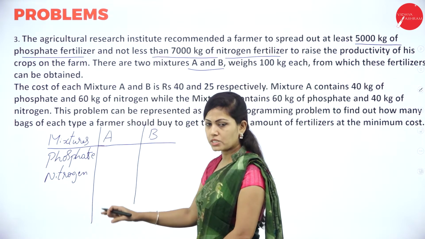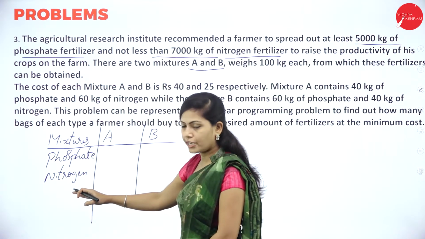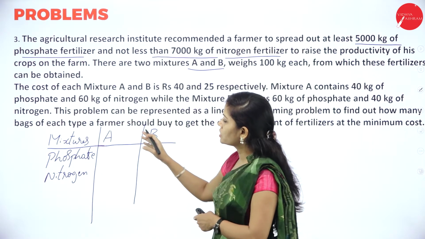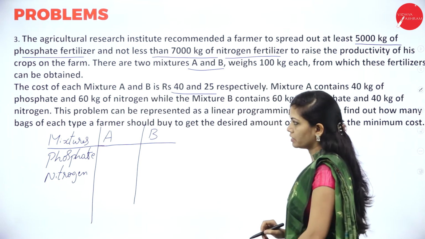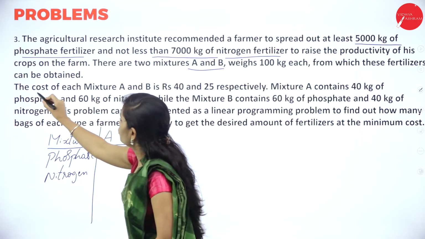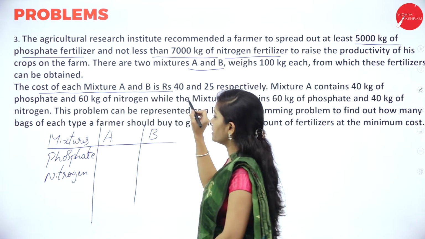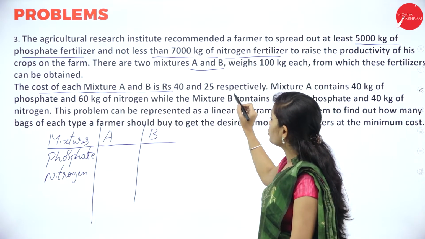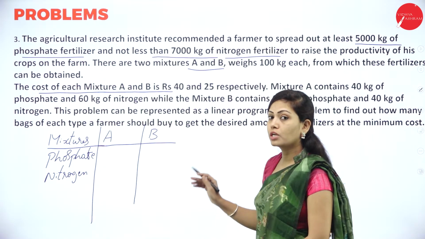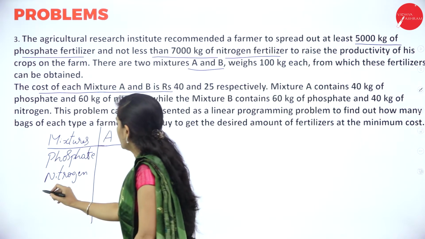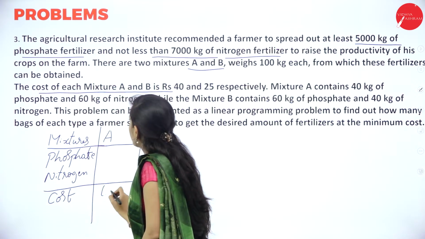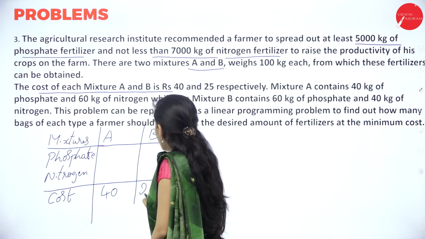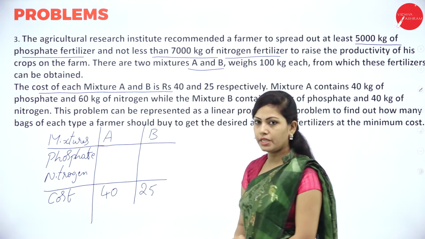The cost of each mixture A and B is 40 rupees and 25 rupees respectively.